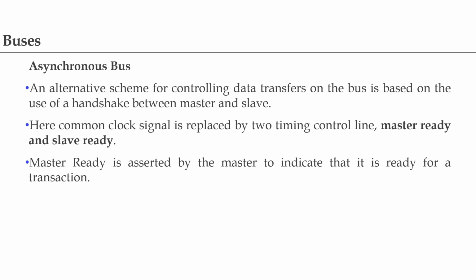Data transfer process: the process begins when the master asserts the master ready signal. Once the slave is ready, it asserts the slave ready signal. Only when both signals are active can data be transferred safely between the master and slave.